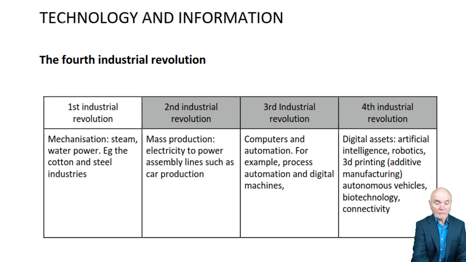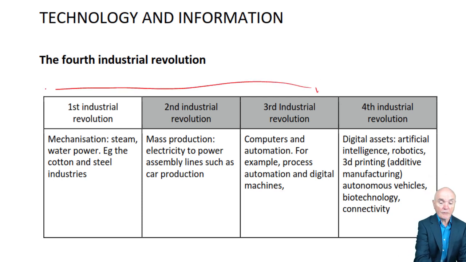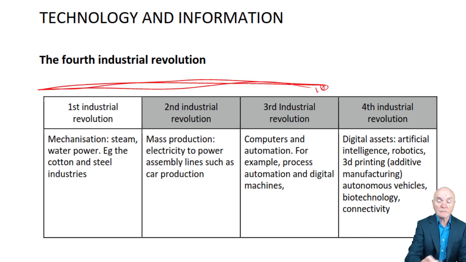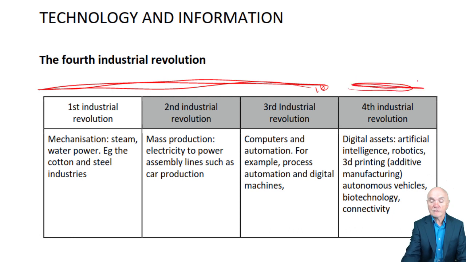But for all of these here, we're pretty much dealing with products, with manufacturing. A little bit of service information coming in here. But the fourth industrial revolution here, we're looking at what are called digital assets.